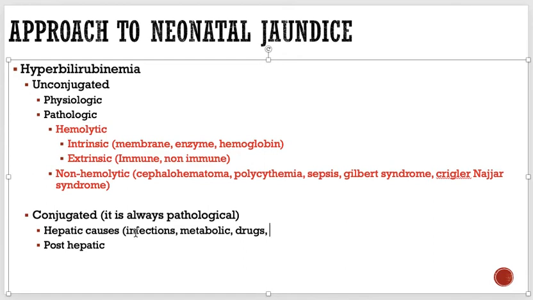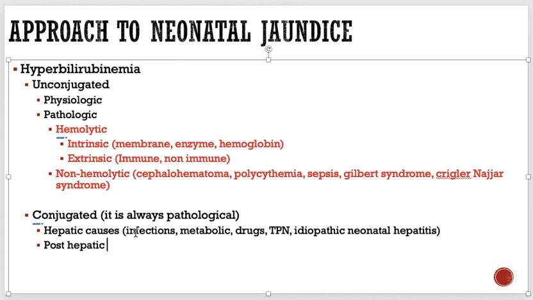It could be due to total parenteral nutrition, where we give all the nutrition through a catheter. Sometimes babies cannot take feeds by mouth, so we give them by infusion. And one of the causes is idiopathic neonatal hepatitis.